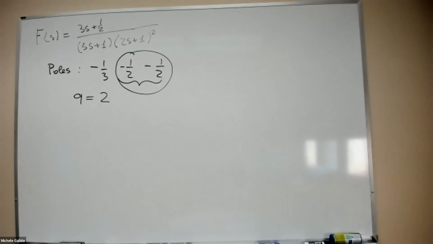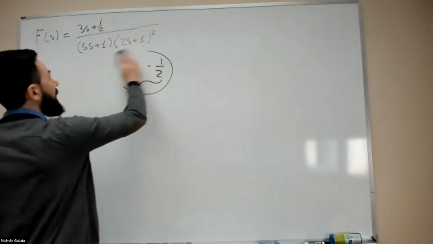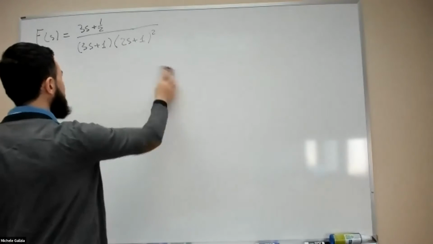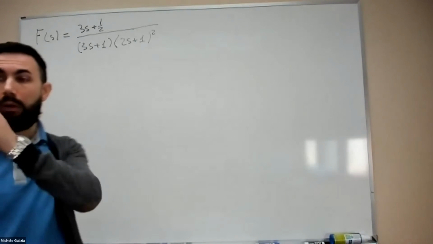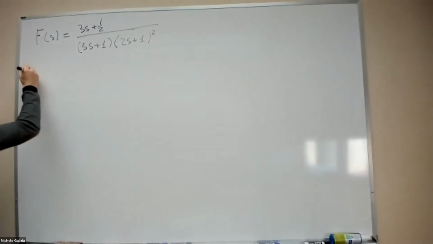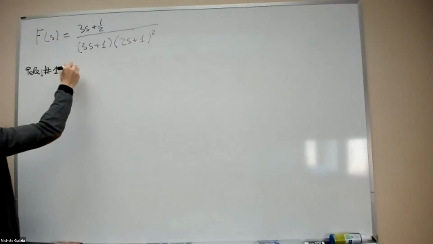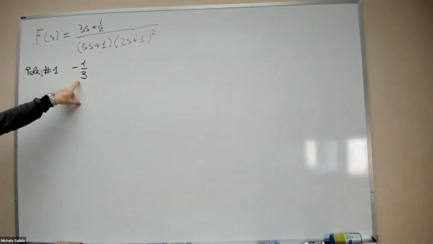Now, with this being said, let's find the anti-transform. So we have to consider the contributions given by the single poles one by one. Pole number 1 is minus 1/3. So is this pole real? Yes. Is this pole repeated?